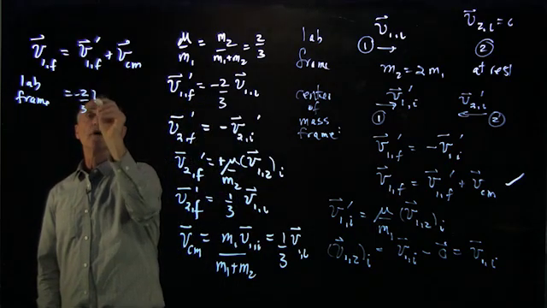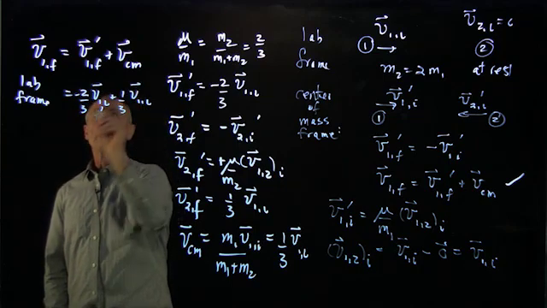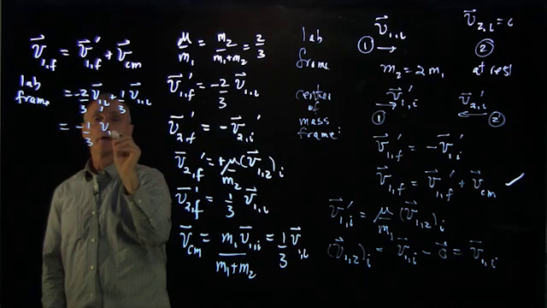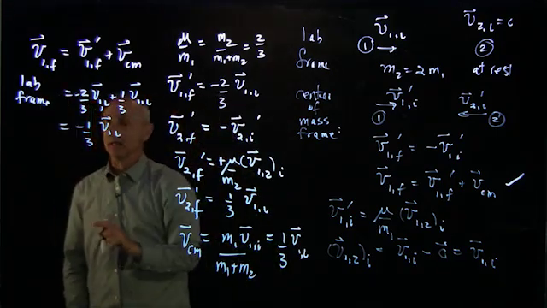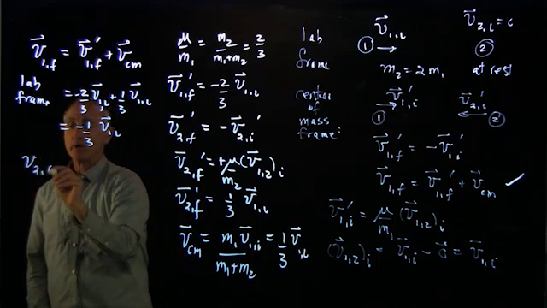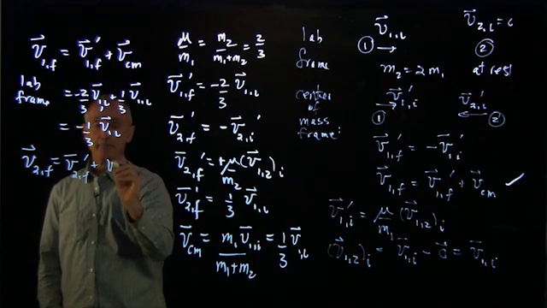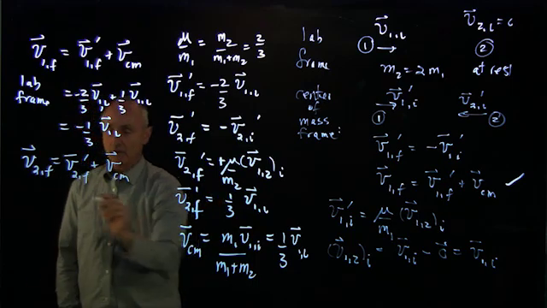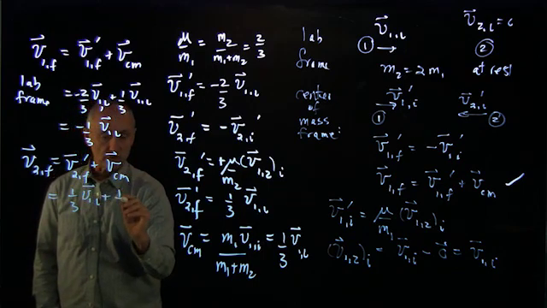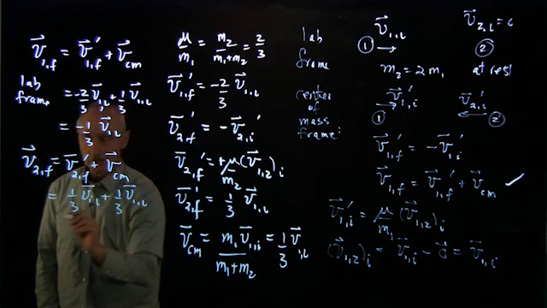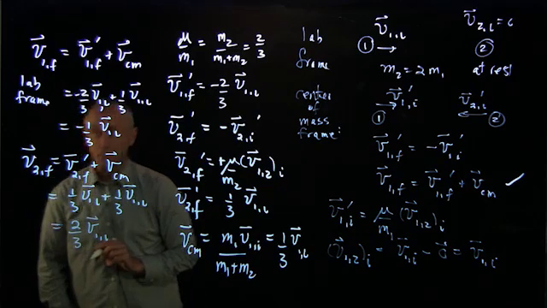Minus 2/3 V1 initial plus 1/3 V1 initial, so that's minus 1/3 V1 initial, the outgoing velocity of particle 1 in the lab frame, and the outgoing velocity of particle 2 in the lab frame. Again, we have 1/3 V1 initial plus another 1/3 V1 initial is equal to 2/3 V1 initial.